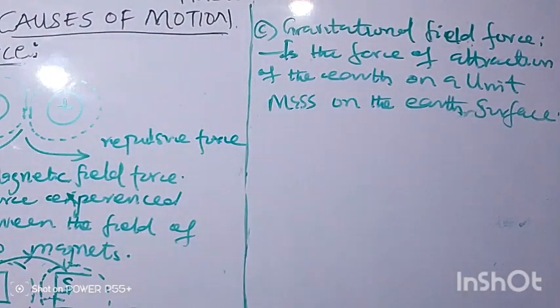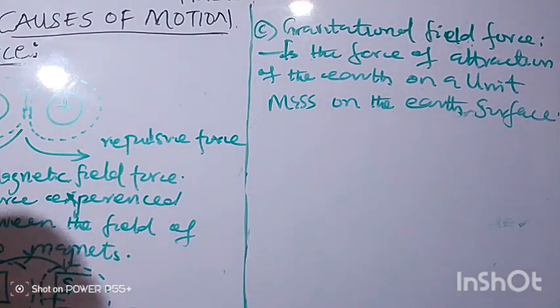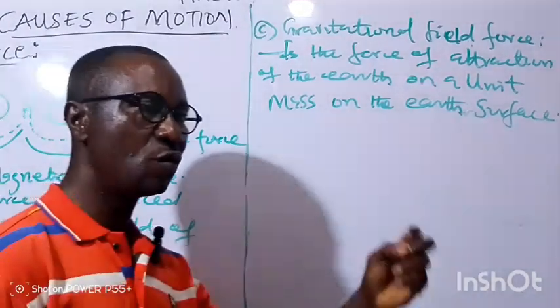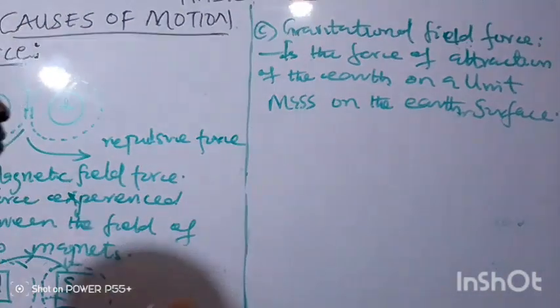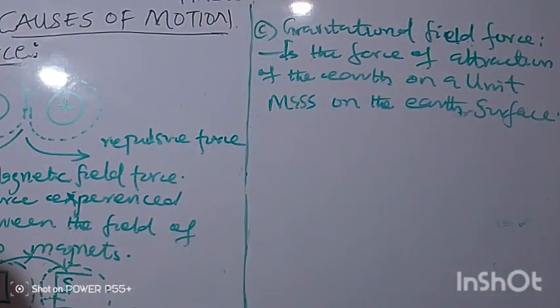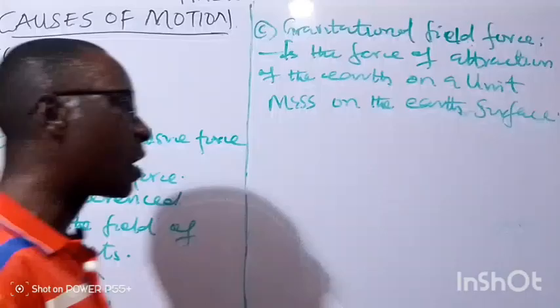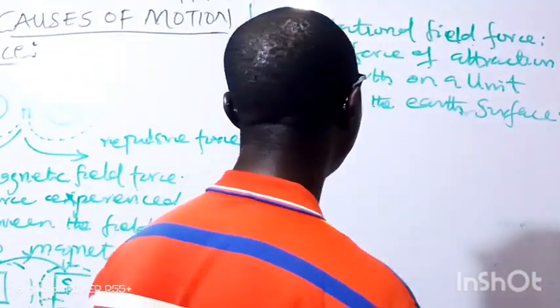And the question may ask that mention two main types of force. Don't forget, they are non-contact force and contact force. And I told you another name for contact force is what? Mechanical force. Another name for non-contact force is field force.